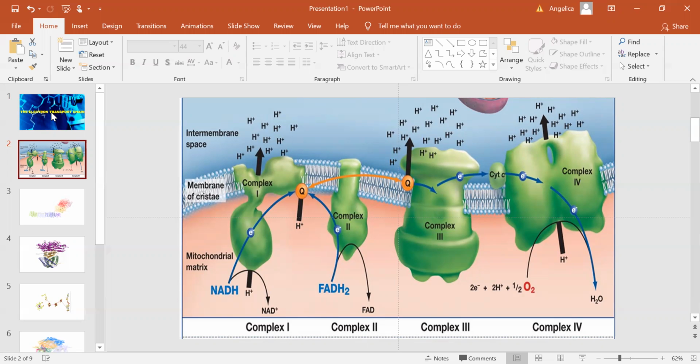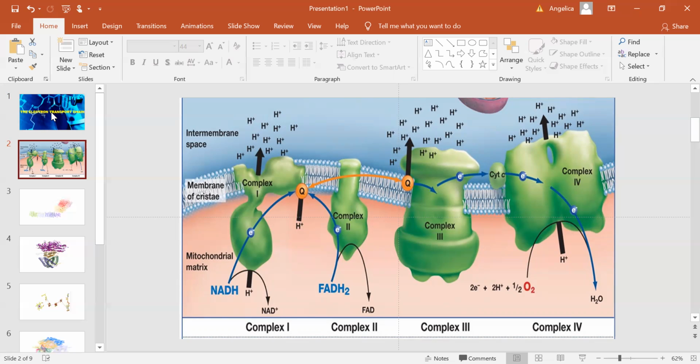These prosthetic groups include flavin nucleotides, FAD and FMN, quinones, iron-sulfur clusters, heme, and copper ion.